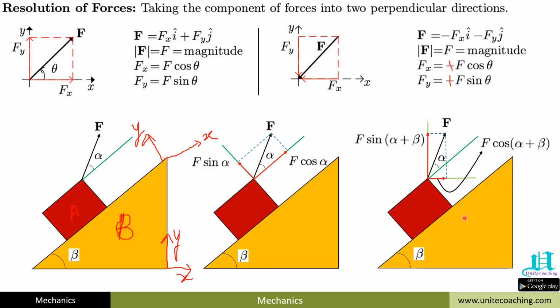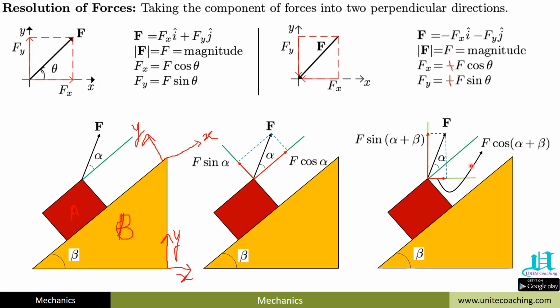In this case, the total angle this force makes with the x-axis will be beta plus alpha, since the surface of the wedge is already making an angle beta with the horizontal. So the total angle between the force and the horizontal is alpha plus beta.